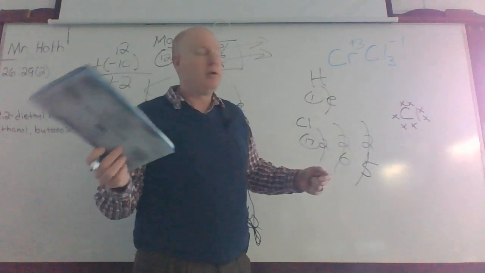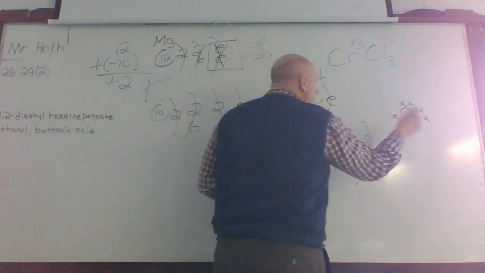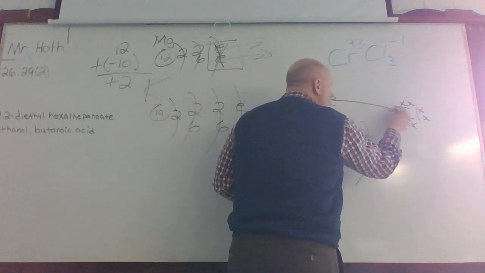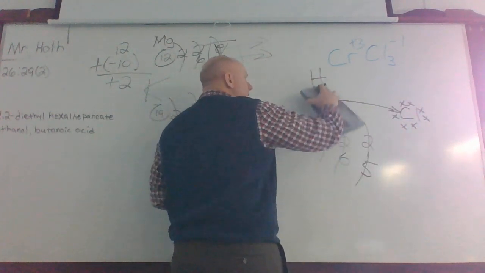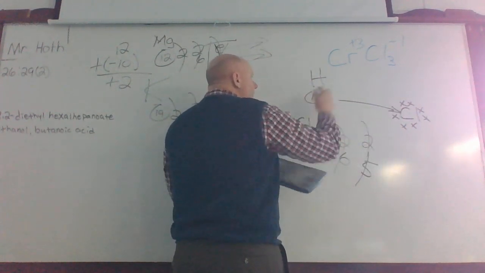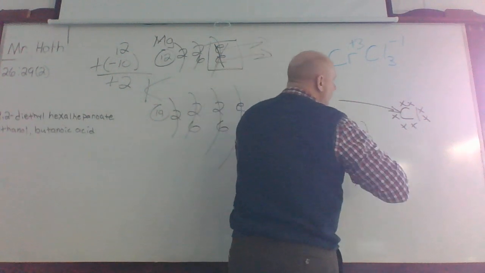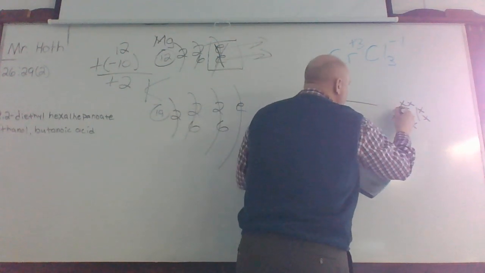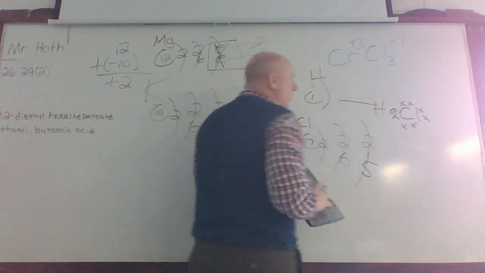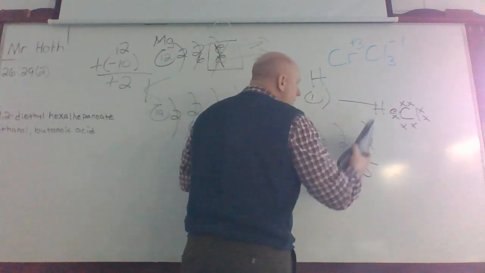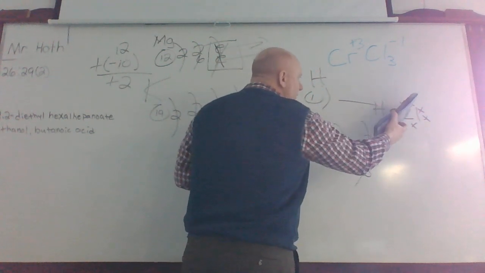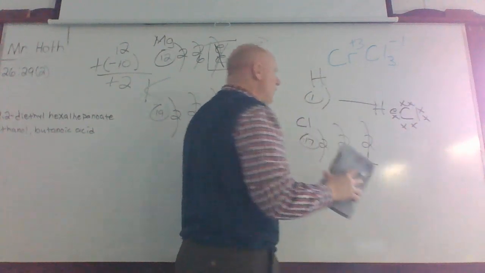So to become more stable, it wants one more, and that's where that hydrogen's going to go. It's going to give that electron to there. Okay, so now this electron is over here, and now we've created a chemical bond. And this is now stable with chlorine.